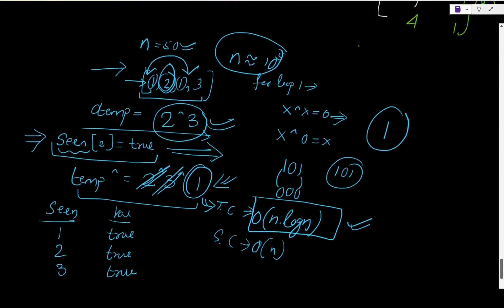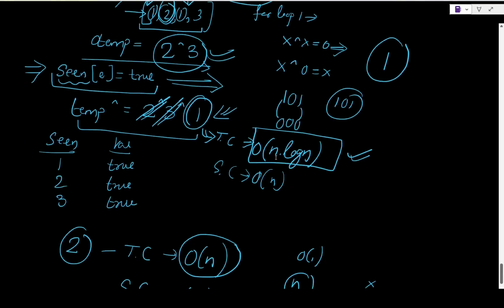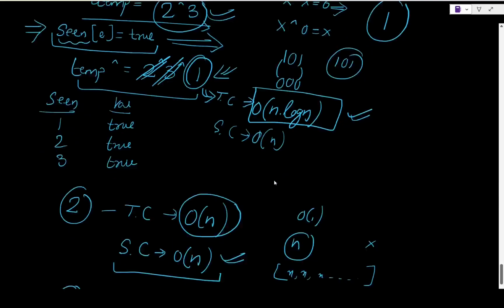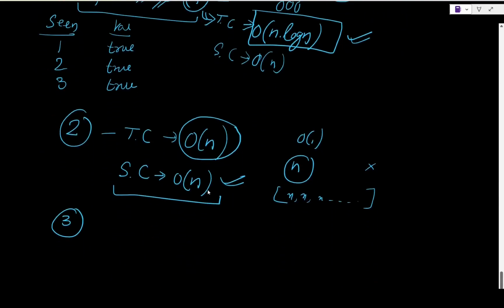Problem number 1, we went over an optimization: if we want to reduce time complexity and we assume that the total number of elements is huge, then this is how we can go ahead and optimize the solution for N log n time complexity, and we go for space complexity. Solution number 2, I think that's the best we can implement.